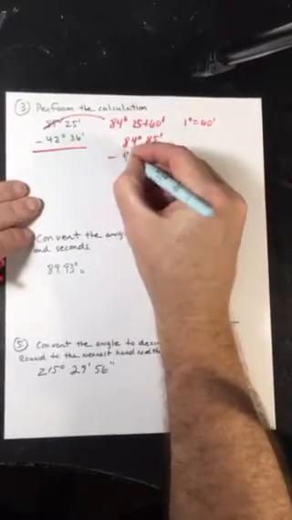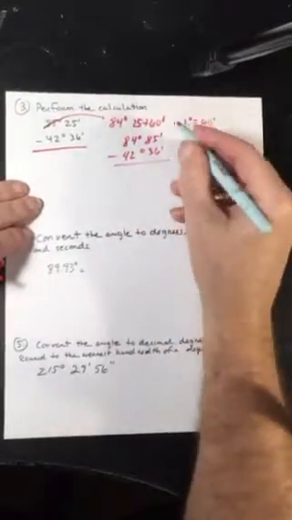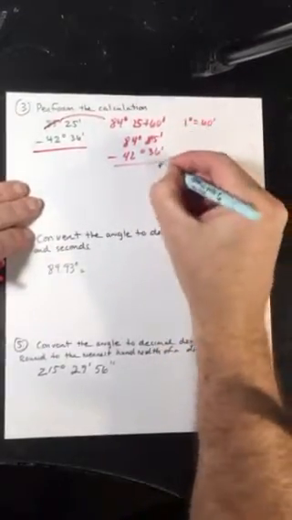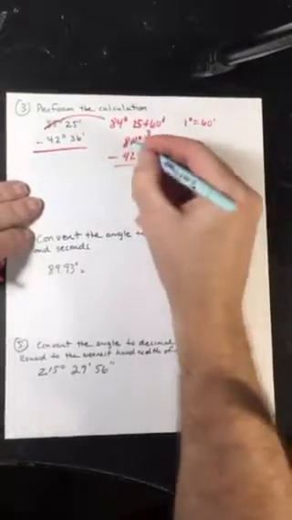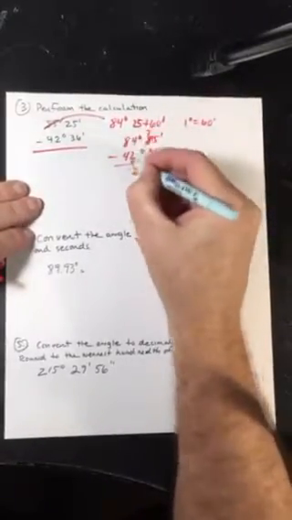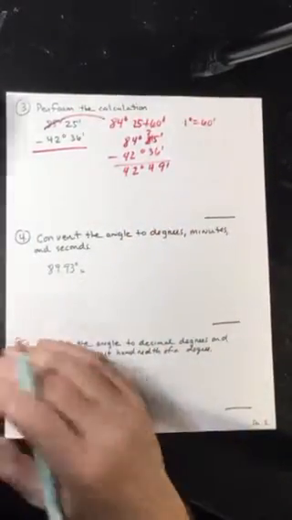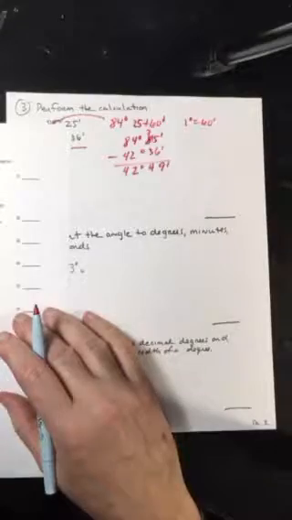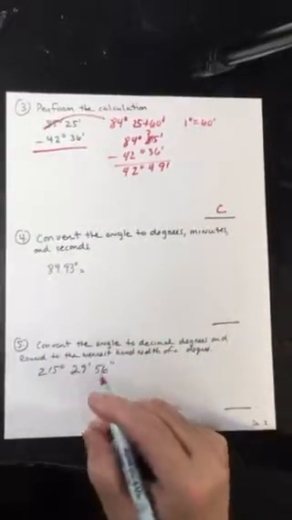And now we can subtract the 42 degrees and 36 minutes. From here, we get 49 minutes and 42 degrees. So we get 42 degrees, 49 minutes, which is answer C in our answer key.